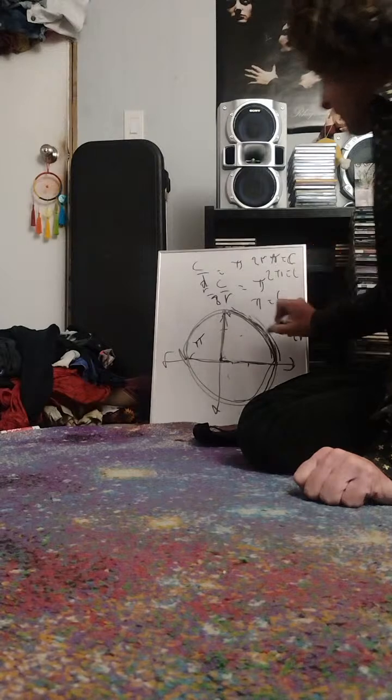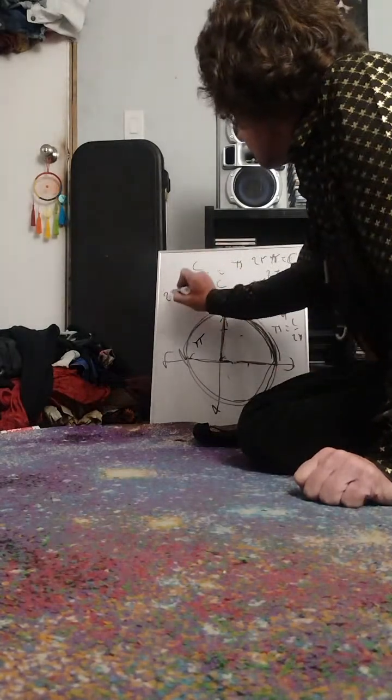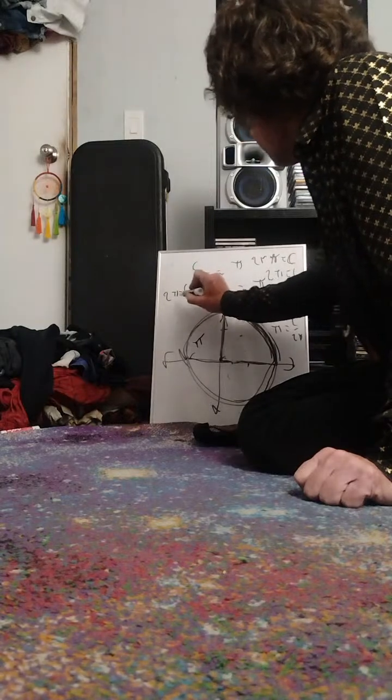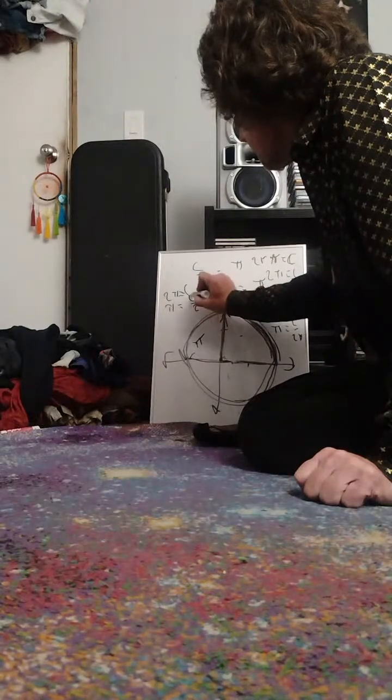But then this is half of c, so pi equals c over 2.